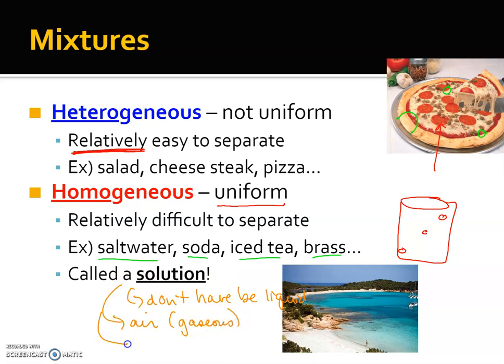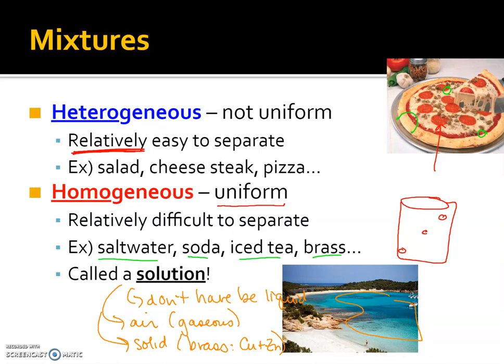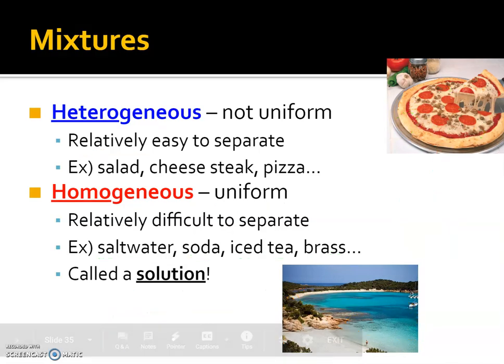Okay, there are solutions that are solid, like brass. That is going to be your copper and zinc mixture there. All right, so be careful. It's not just liquids. Yes, you can have a salt water solution, right? But that is only part of what the whole entire mixture is going to be.